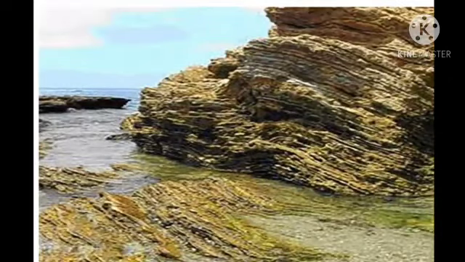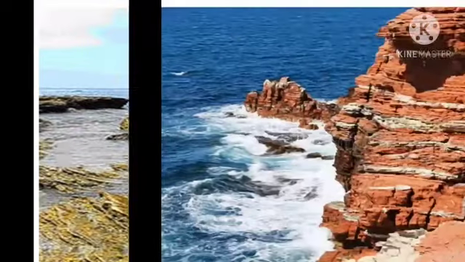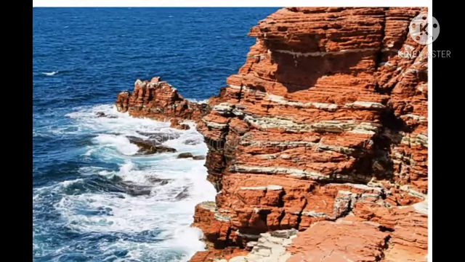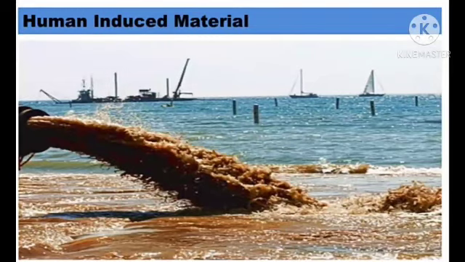And sedimentary rocks are formed due to the depositing of layers over layers of the sediments and the pressure of seawater. Besides all this, some human-induced material is also found over here.